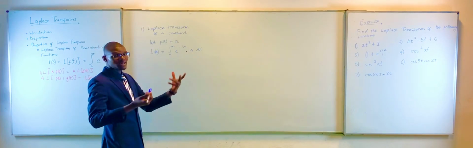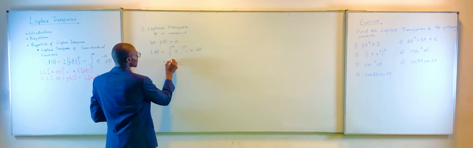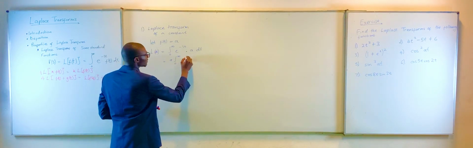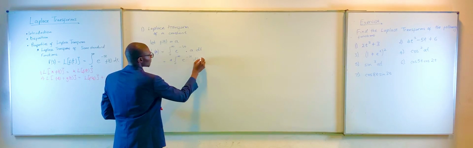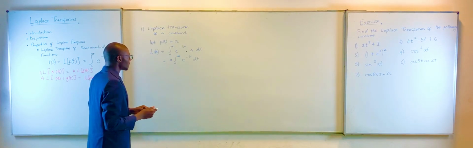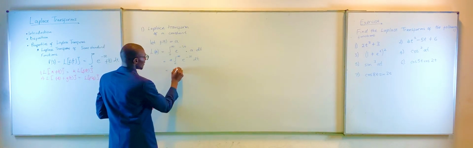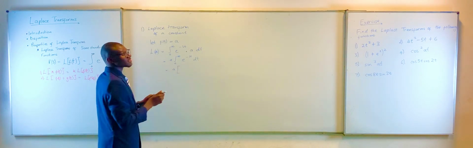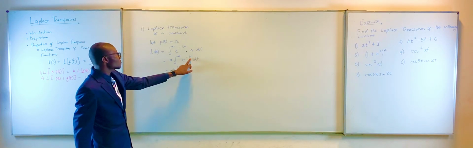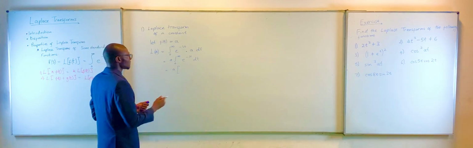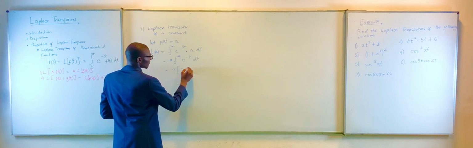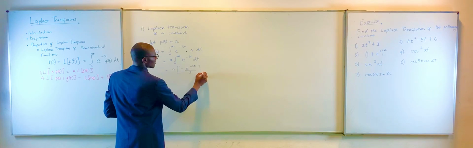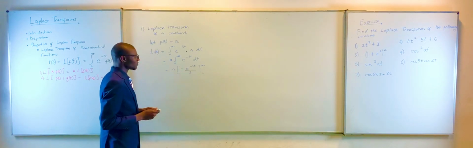So of course, a being a constant, you can take it out, such that we've got a times the integral of e to the power minus st with respect to t from 0 to infinite. And this will be a multiplied by, if we integrate this with respect to t, we're dropping this in the denominator, such that we've got minus e to the power minus st over s, from 0 to infinite.